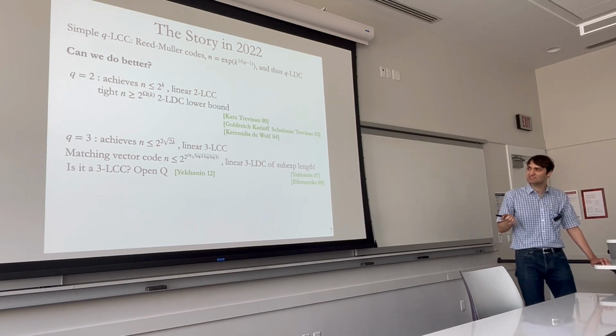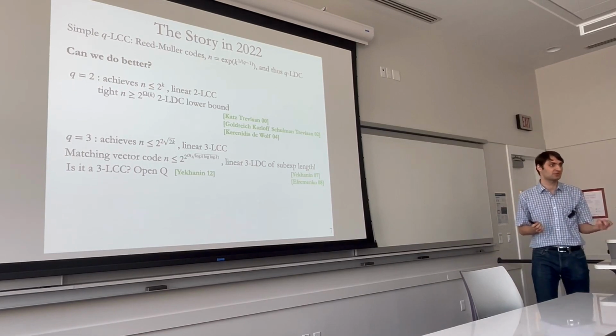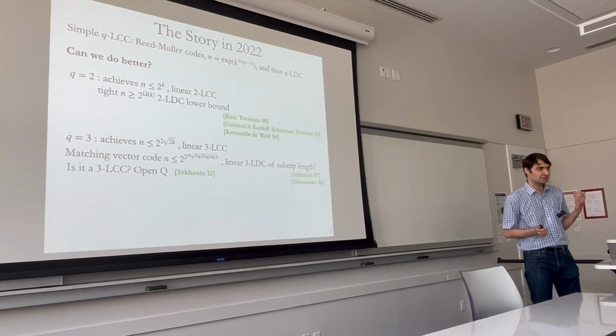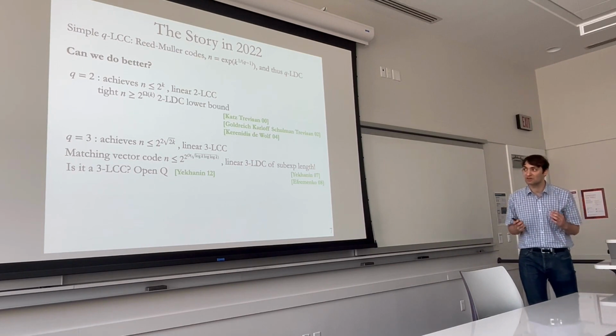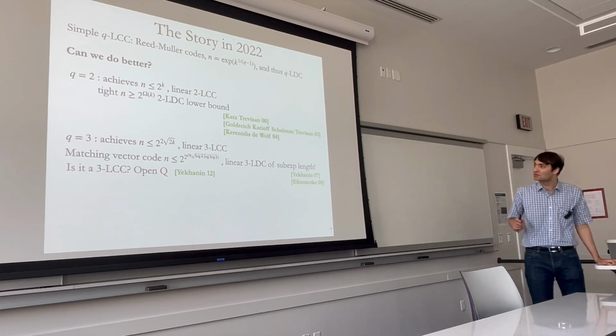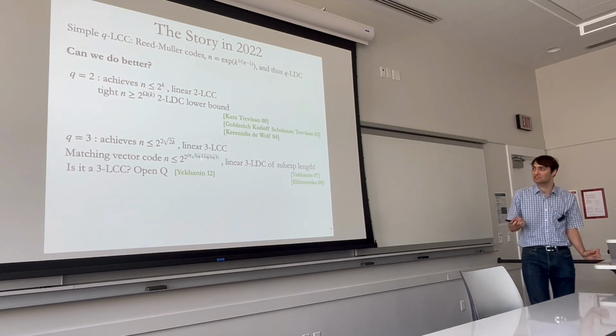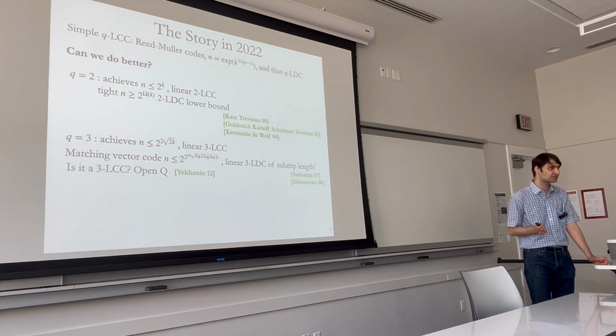And moreover, it's believed that this code is not locally correctable because this local correction property is a pretty strong property. So if it's not baked into the original construction of the code that you have, your code is unlikely to have this property. But nonetheless, this is something we've been unable to prove. And so these are the two best constructions as of 2022 for 3-query LCCs and 3-query LDCs.